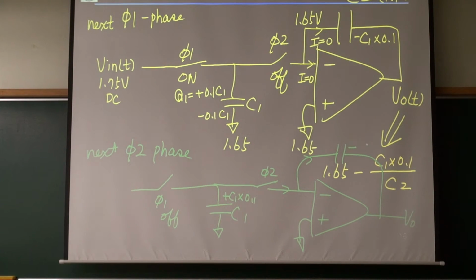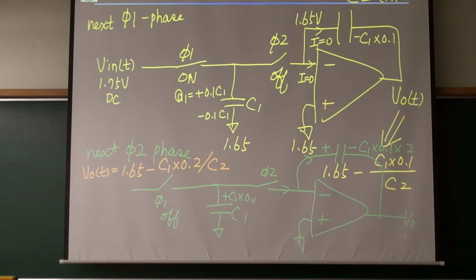So this becomes C1 times 0.1 twice, because it's added. This is plus the same amount, right? So at the end of I2 phase, my VOT will be 1.65 minus C1 times 0.2 divided by C2, okay?